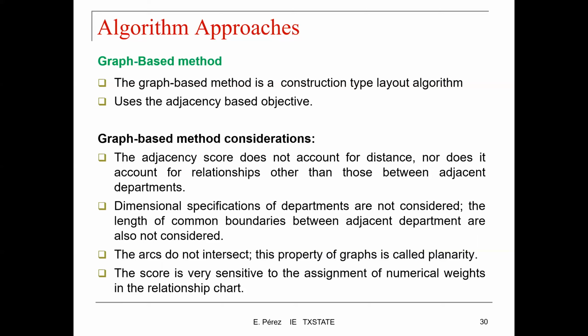Dimensional specifications of departments are not considered, the length of common boundaries between adjacent departments is also not considered. The arcs do not intersect. This property of a graph is called planarity, and the score is very sensitive to the assignment of numerical weights in the relationship chart.